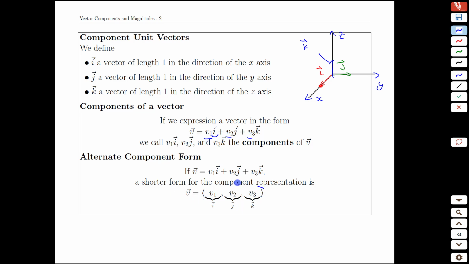And so most of the time in this course, we're going to associate the components themselves, just those coefficients, put them in angle brackets to indicate that we're talking about a vector specifically, and we'll just put the numbers that correspond to how much in the x direction, or how many i vectors, how much in the y direction, or how many j vectors, and how much in the vertical direction, how many k vectors. And that is called the component representation of a vector. Any vector that we can draw can be rewritten in this numerical format.